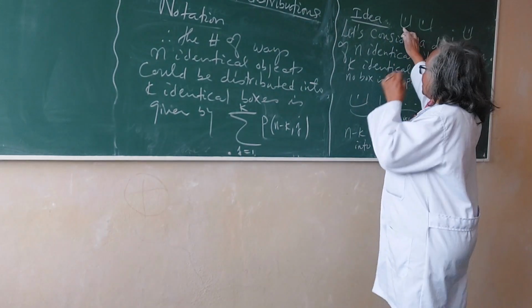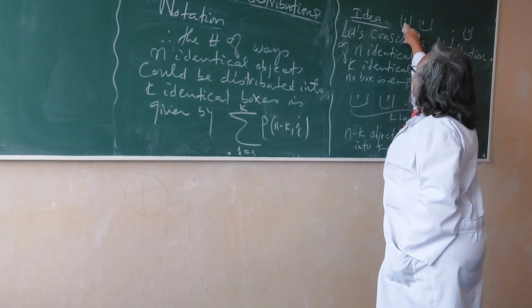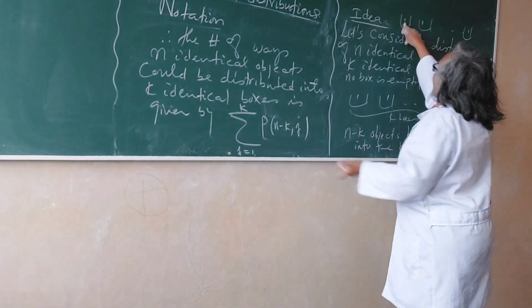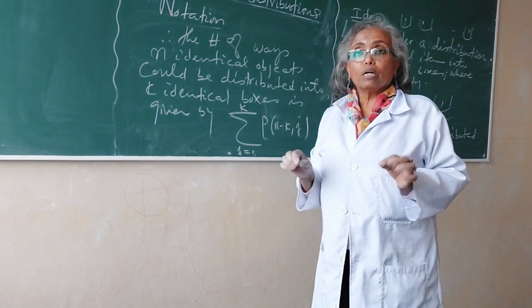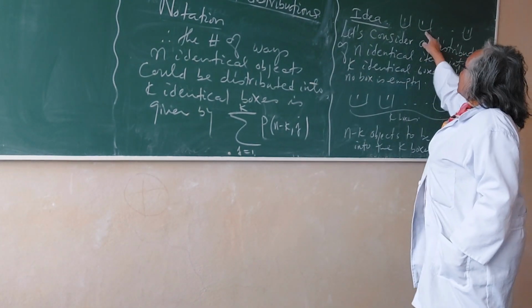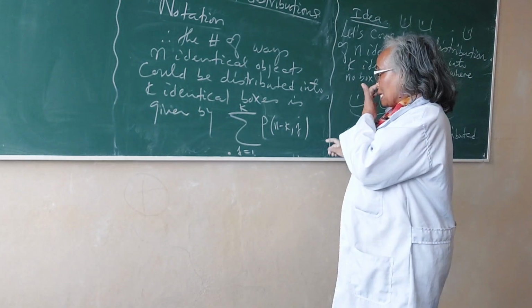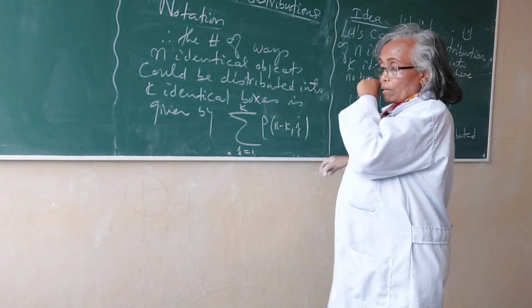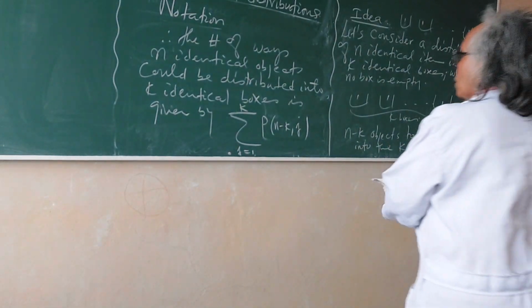One box, nothing, of course, it's going to be empty. I will have P(n minus k, 1). Then two boxes, it will be P(n minus k, 2), and so on and so forth. And that will count the number of distributions of the n items into the k boxes.